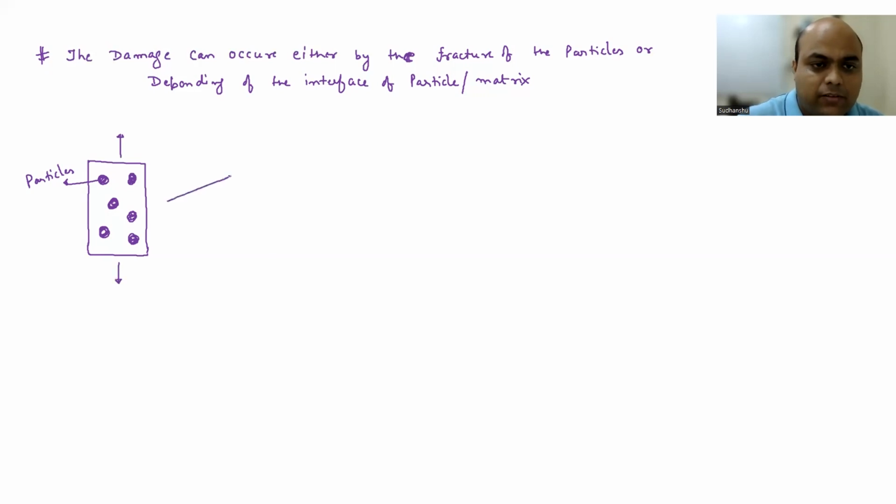So there are two scenarios. So in condition 1, what you are going to observe is, say, fracture of particles. So these particles are going to fracture. Say this has fractured. Now this has fractured. This has fractured. Okay.